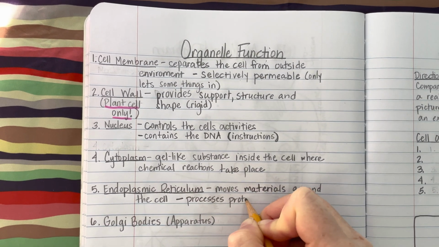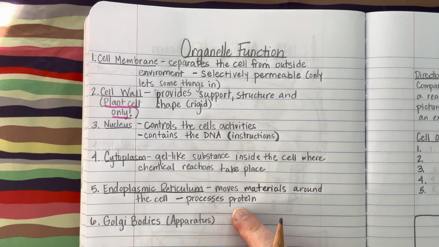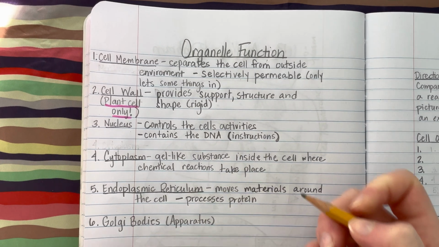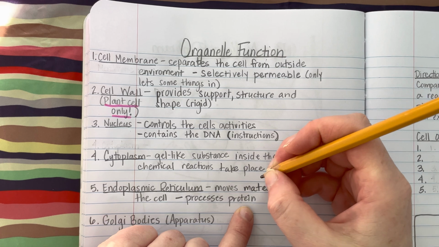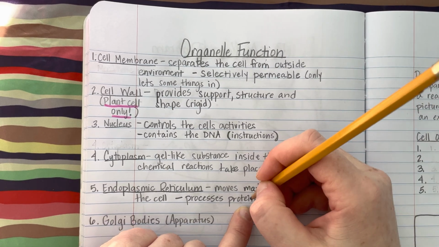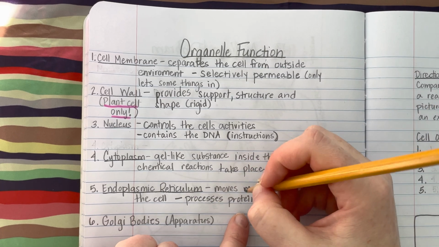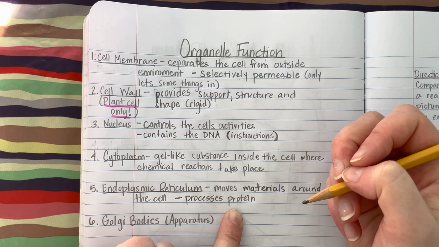We talked about the importance of proteins, one of the organic compounds, the compounds for life. Proteins do so much. They do muscle development. They help us with our immunity. They help us process tons of hormones and things in our body. So endoplasmic reticulum is really important for that process.